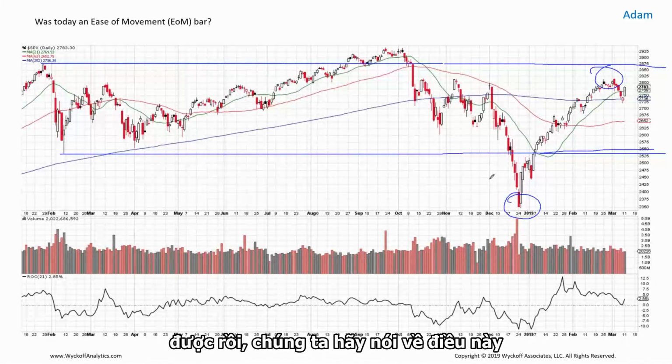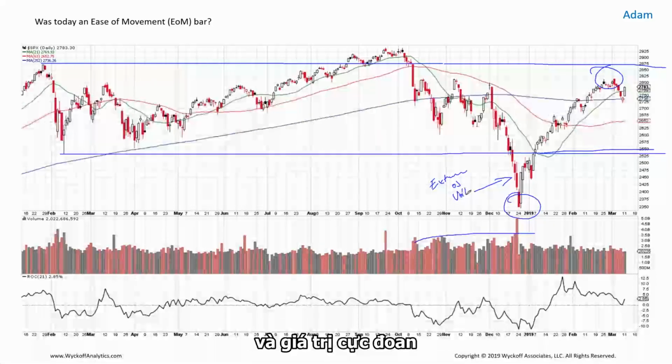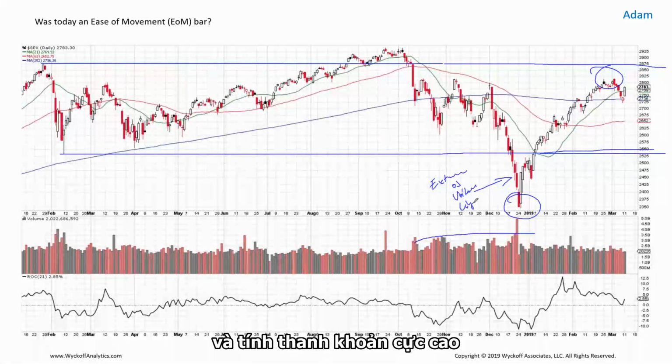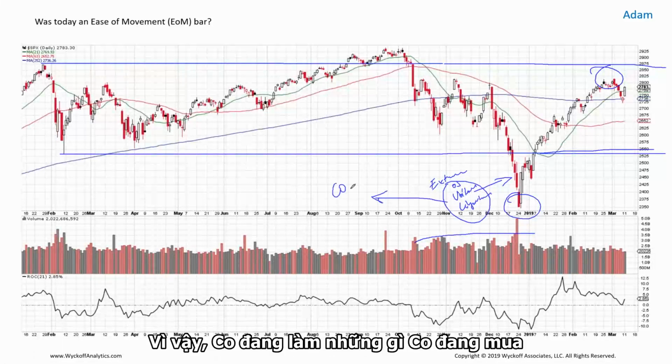Okay. Well, let's talk about this. So obviously here, extreme oversold, and extreme value, and extreme liquidity. So CO is doing what? CO is buying.